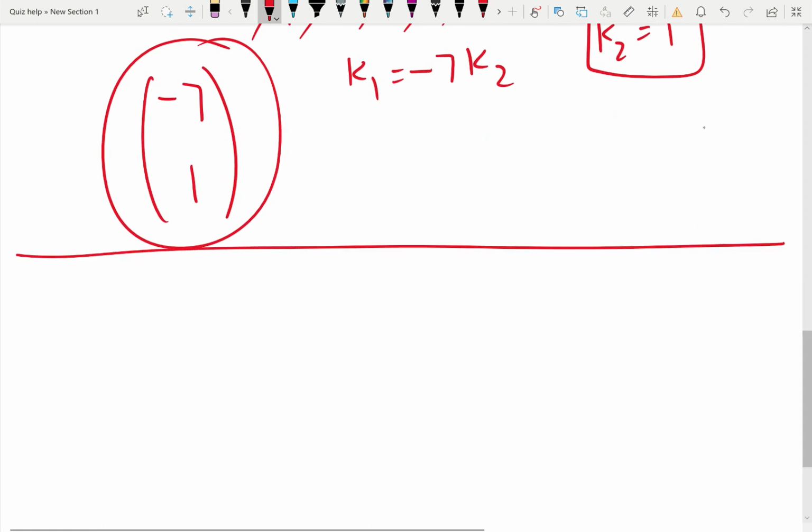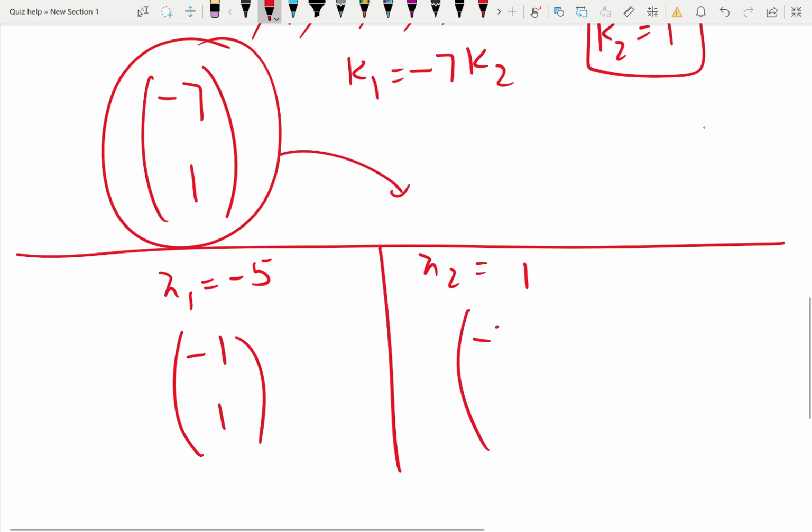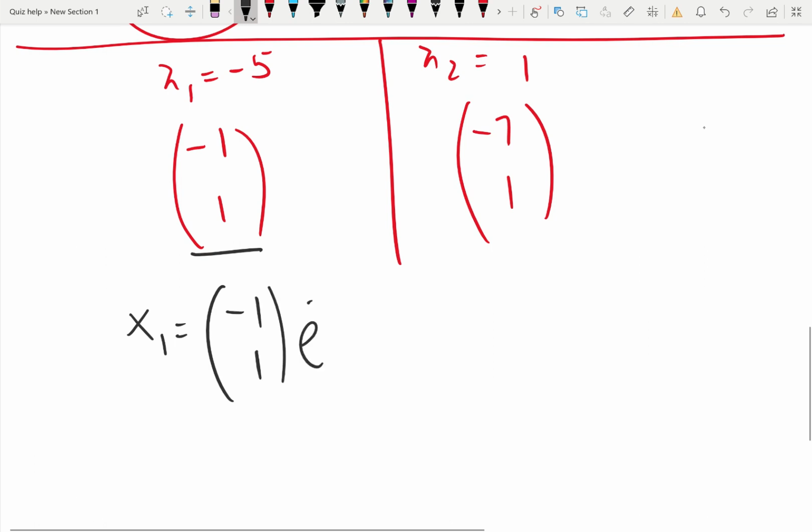Let's write all the information clearly laid out. Lambda 1 is negative 5 and we found its eigenvector to be [negative 1, 1]. Lambda 2 is 1, and its eigenvector is [negative 7, 1]. Now we can write the fundamental set of solutions. X1 is this eigenvector, [negative 1, 1], times e to the negative 5t.